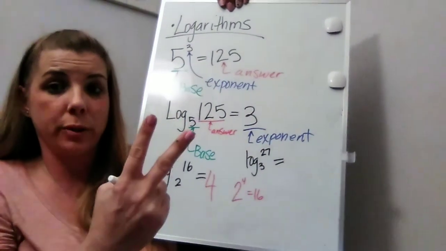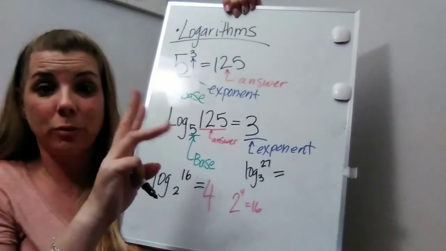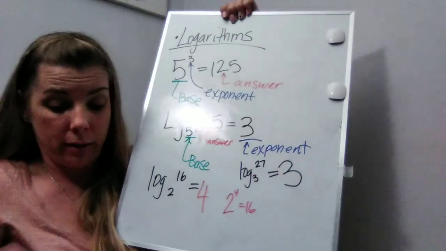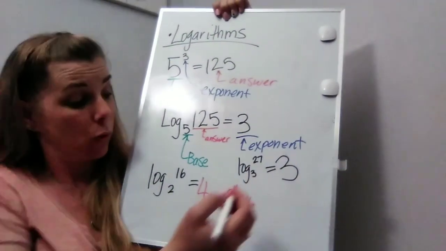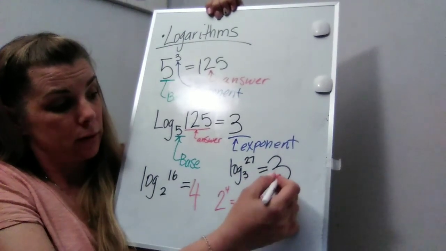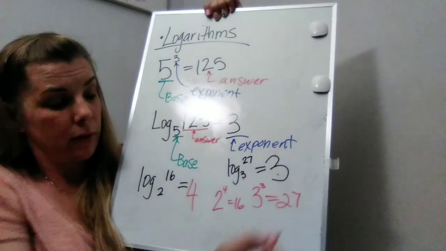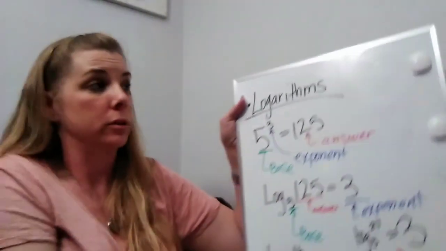Well, 3 times 3 is 9, times 3 again is 27. So my answer would be 3. Now, if I write that in exponential form, just moving it around, 3 to the power of 3 equals 27. Okay, so today is just about moving stuff around.